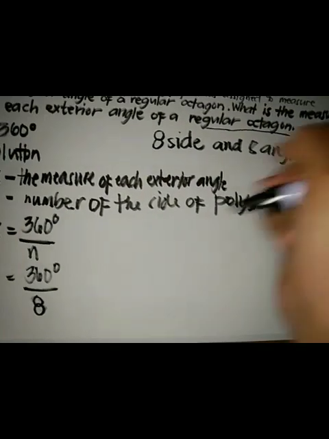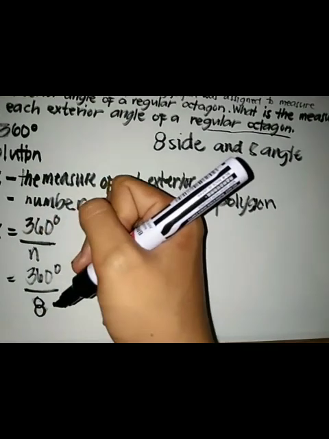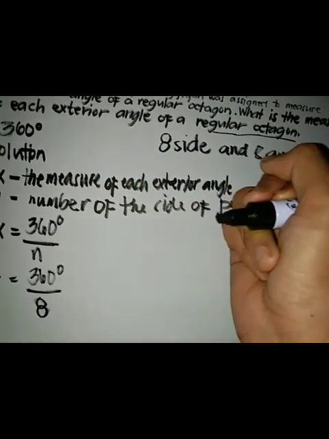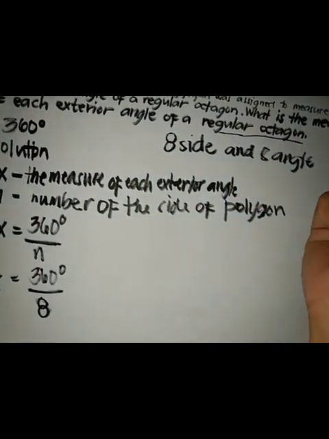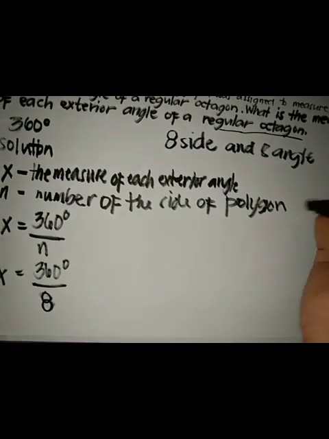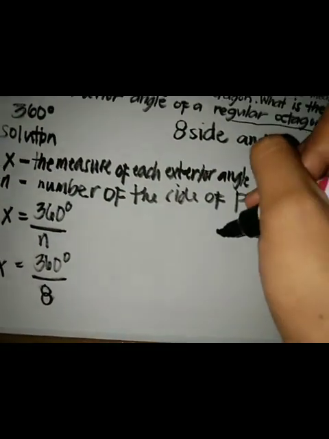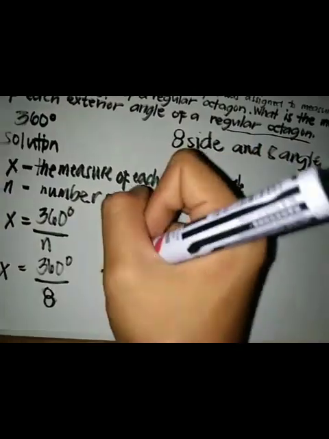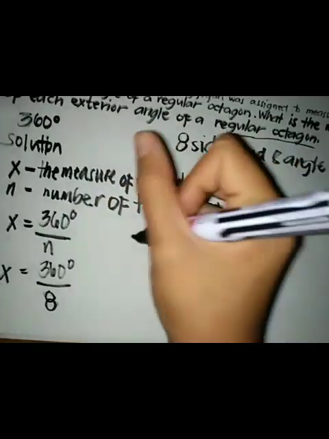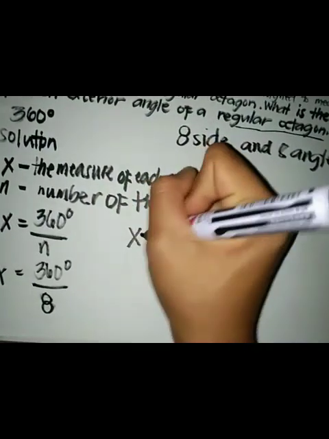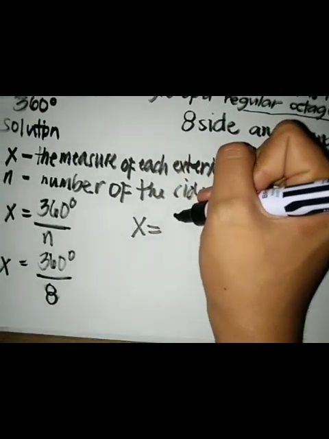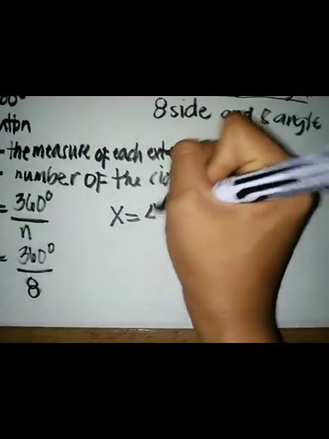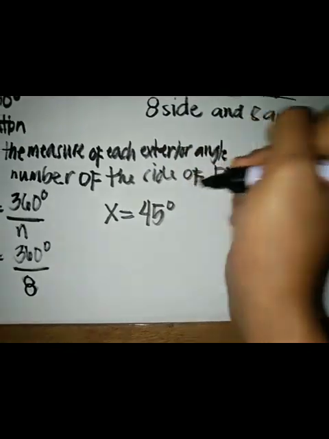So we put here our n is 8 because 8 is the number of sides of the polygon. Next is divide 360 degrees, divided by 8, equals 45 degrees.